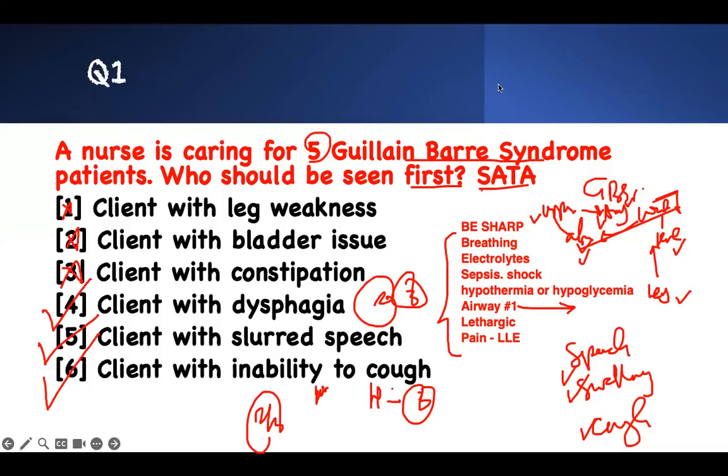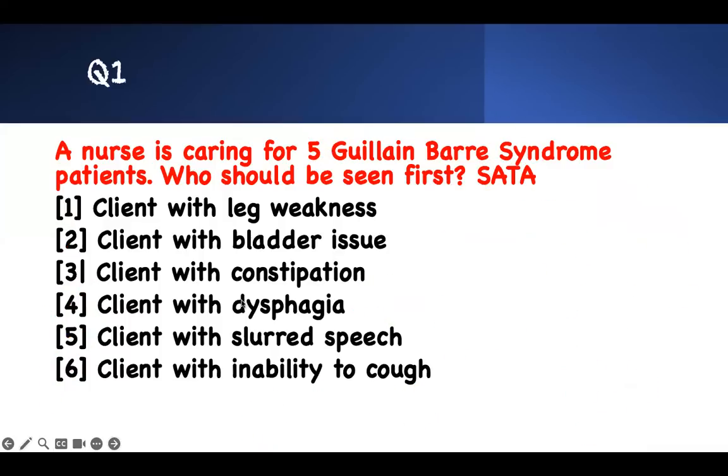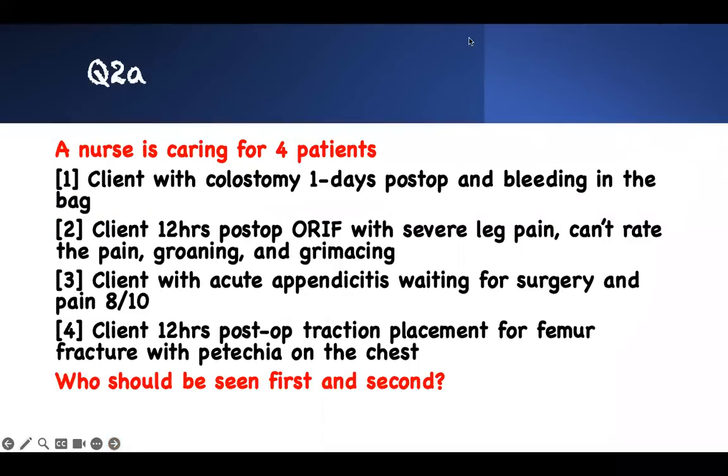So this is the warm-up question. Let's go to the bulk of the whole case. This is a 5 and 6 segment prioritization style question. This is it, 4 patients. A nurse is caring for 4 patients. Who do you want to see?